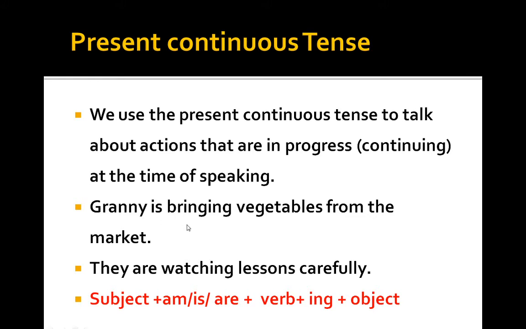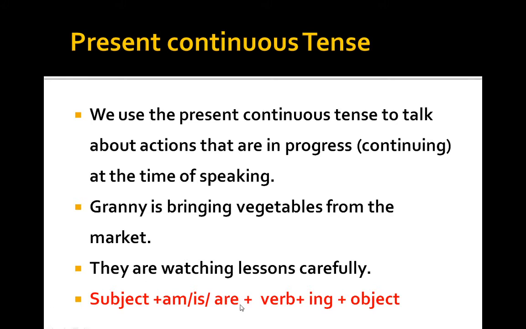Always remember, students, in present continuous tense there must be am, is or are according to the given subject. Suppose the subject is I, then you should use am. Suppose the subject is he, she or it or any singular noun, like Ramesh, Ganesh, etc., then you must use is.